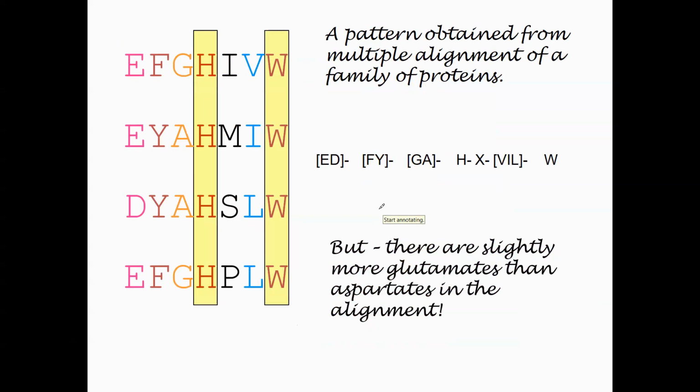In 3 sequences there is glutamate or glutamic acid, and in only 1 sequence out of 4 there is an aspartic amino acid.